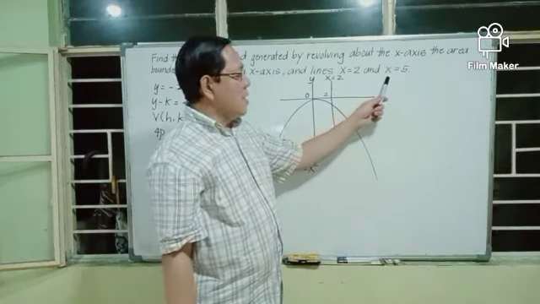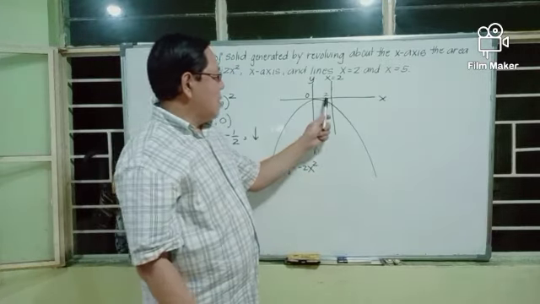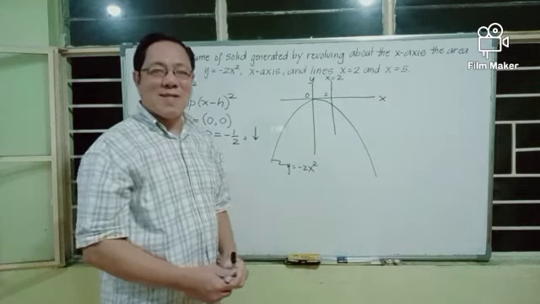Now we draw the line x equals 5. We approximate 5 on the positive x-axis.